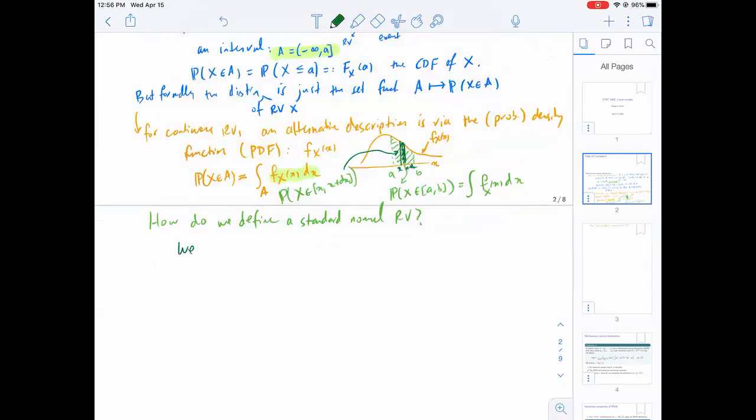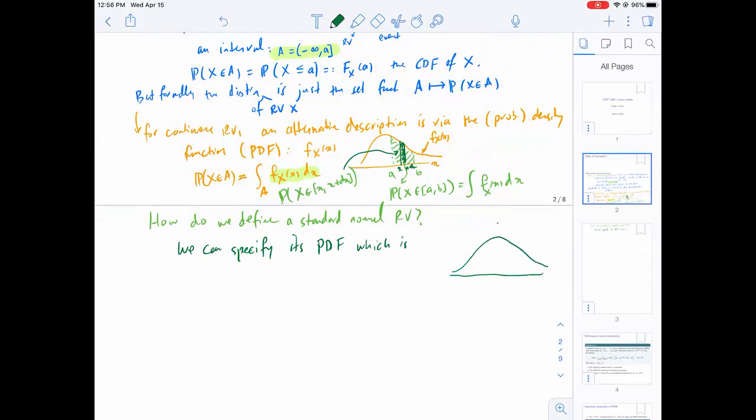So we can specify its PDF, which, as you both mentioned, is that bell-shaped curve.